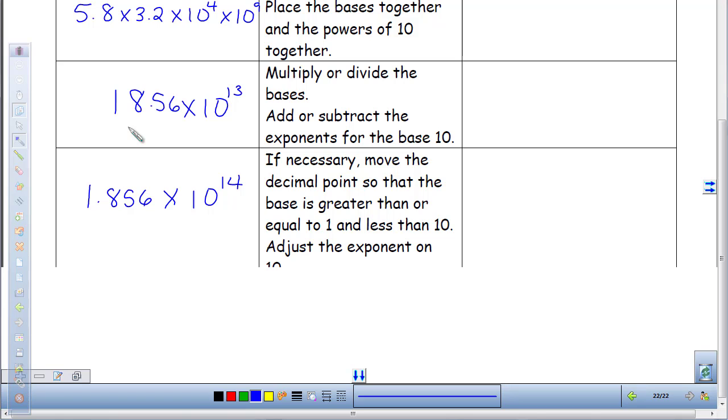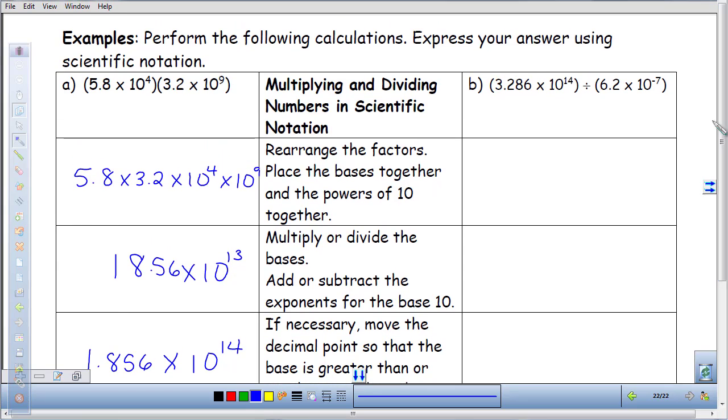Okay. Let's look at it on the other side. Okay, we got 3.286 times 10 to the 14th. We could look at this as 3.286 divided by 6.2, and then we got times 10 to the 14th up here, times 10 to the negative 7.